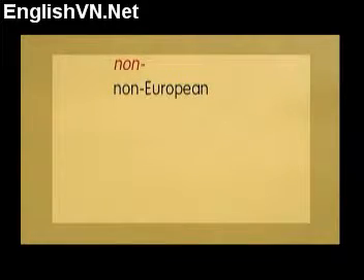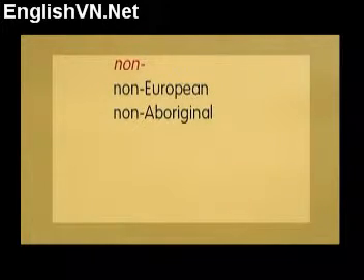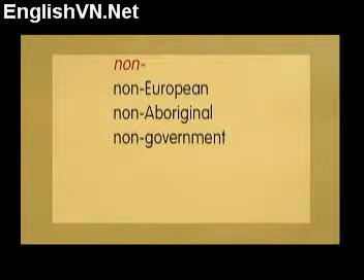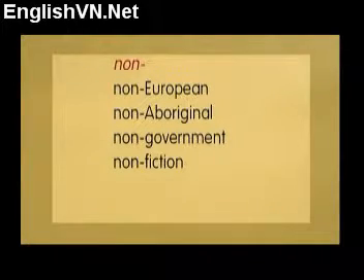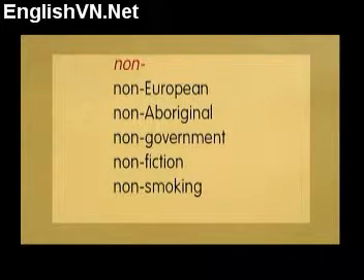Non usually forms adjectives. It means not in the group of. So we have non-European, non-Aboriginal, or non-government. Non can also just mean not, giving a negative sense to a word. Non-fiction, non-smoking, and non-stick.